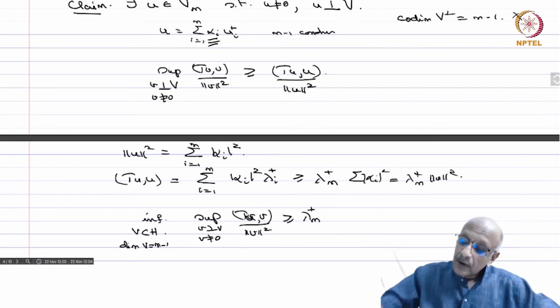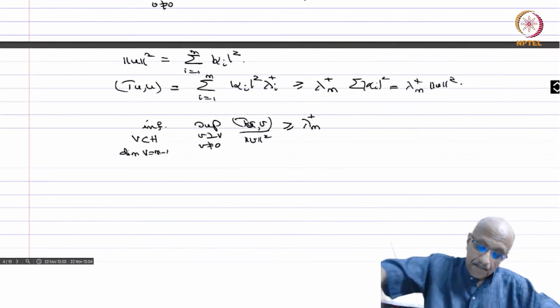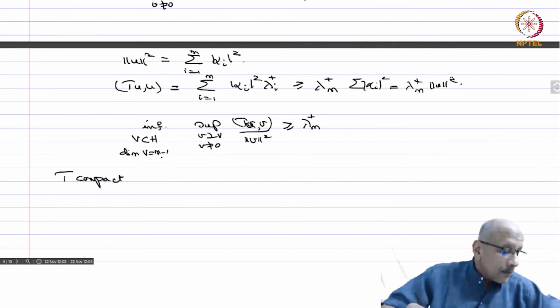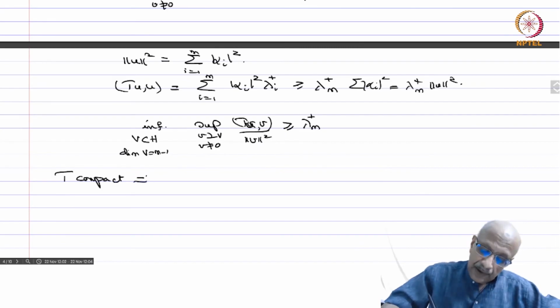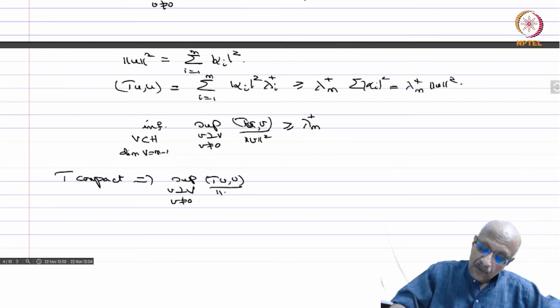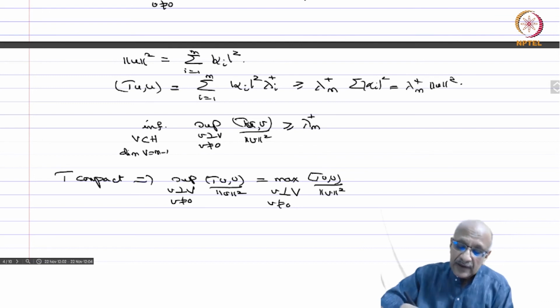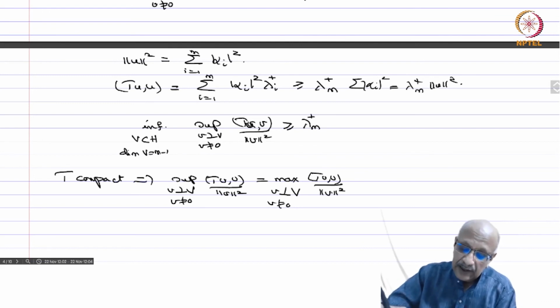Now T compact implies that the sup over v orthogonal to V, v not equal to 0, of T v v by norm v square is in fact attained, and is equal to the max. Because if you take a maximizing sequence, then T v will converge strongly, v will converge weakly, and the limit will be a maximizer.